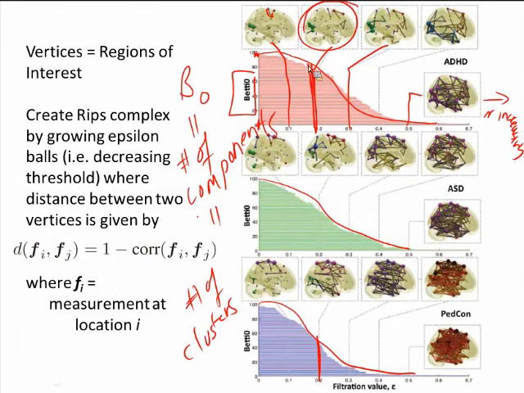So we've got a lot more components among ADHD. Here we've got far fewer components and a lot more connections. So connections form more quickly for our pediatric control than for our other two groups in this particular study. That can give you some good information about the differences between these brains and could potentially be used in diagnosing ADHD and autism spectrum disorder. So that's basically the motivation.